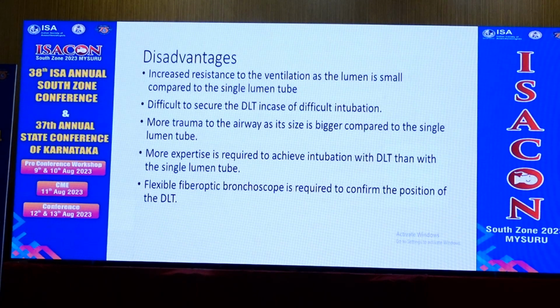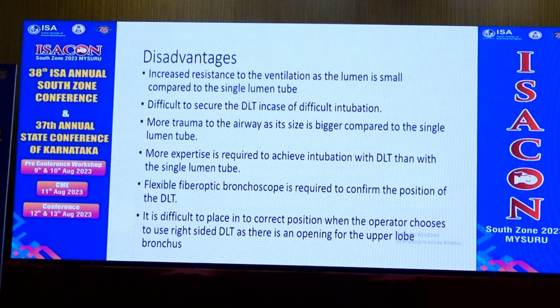A flexible fiberoptic bronchoscope is required most of the time to confirm the correct position of the tube. It is even more difficult with a right-sided tube, where the upper lobe opening has to be aligned with the cuff of the right bronchial lumen and the upper lobe bronchus of the right lung.